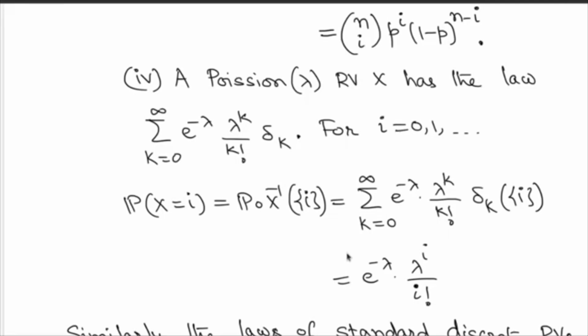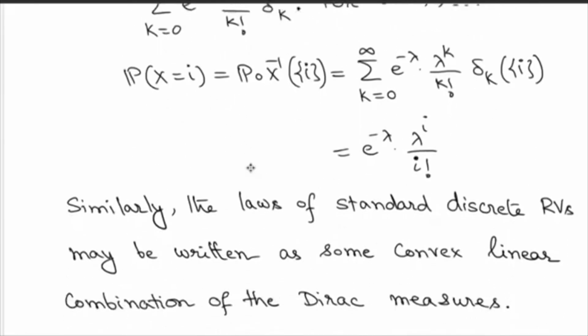Okay, so now we are going to identify all these random variables through their law, and these discrete random variables have their law given by some appropriate convex linear combination of the Dirac masses. So all those familiar random variables are now very clear. They are appearing through these specific convex linear combinations of the Dirac masses.